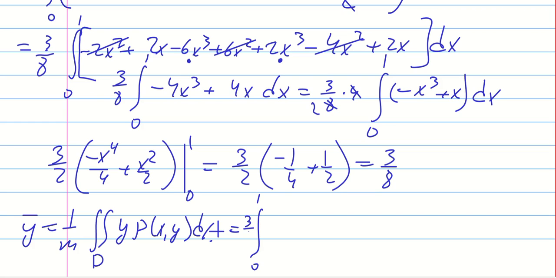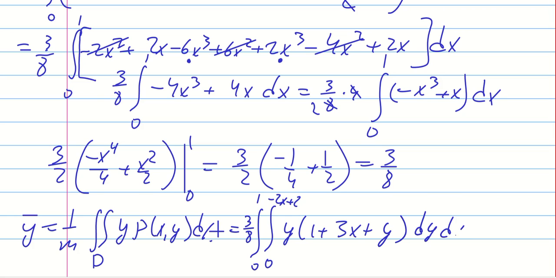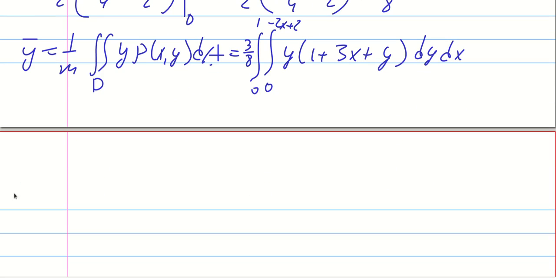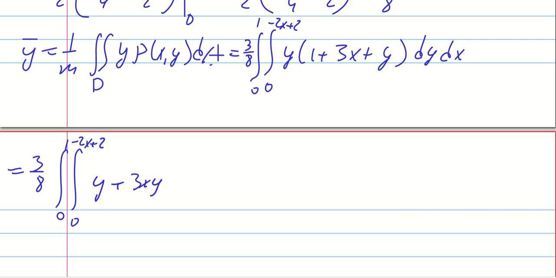Here we have 3 over 8, the reciprocal of m, integral from 0 to -2x + 2, and we multiply y by 1 + 3x + y dy dx. So what do we get? We get 3 over 8, integral from 0 to 1, integral from 0 to -2x + 2 of y + 3xy + y² dy dx.